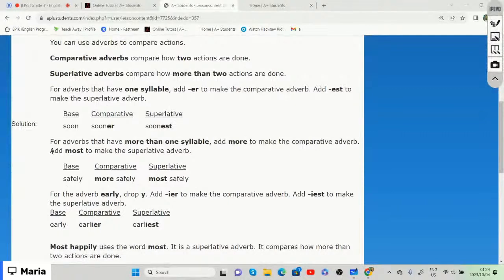A comparative adverb compares how two actions are done, and a superlative adverb compares how more than two actions are done. All right, so now we're going on to our test.